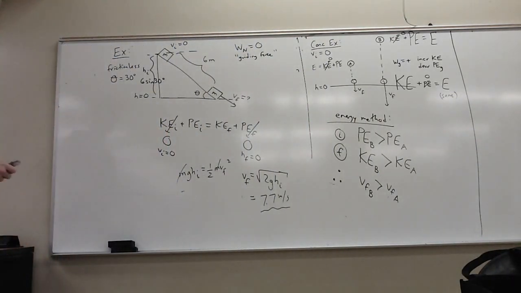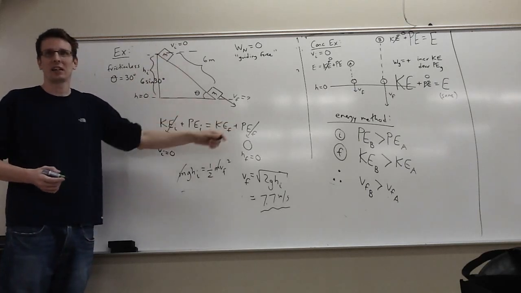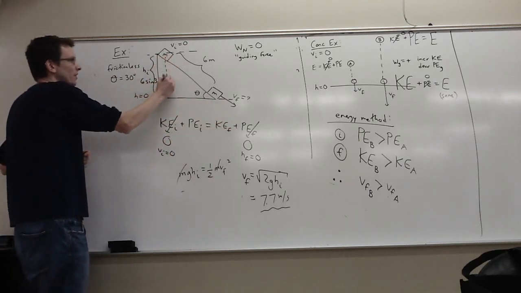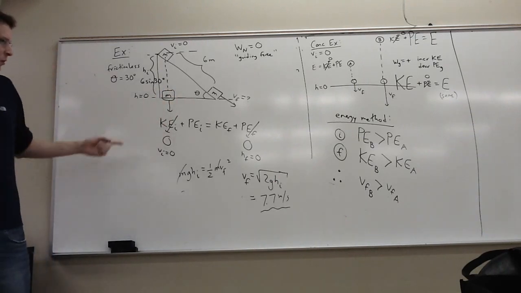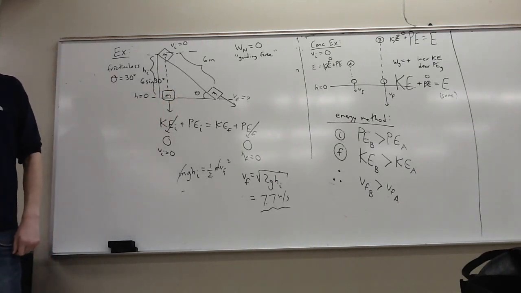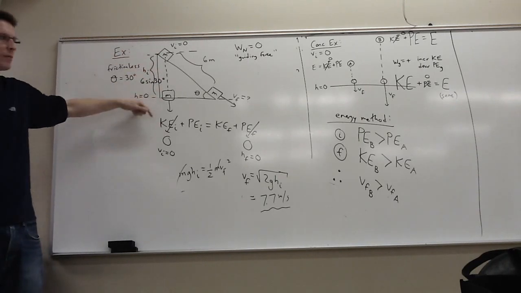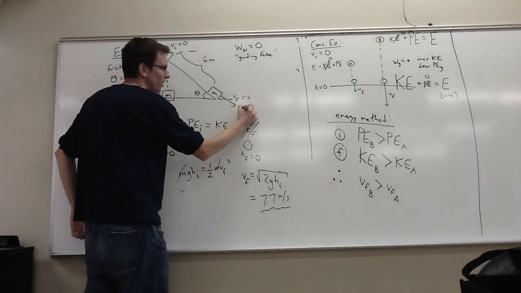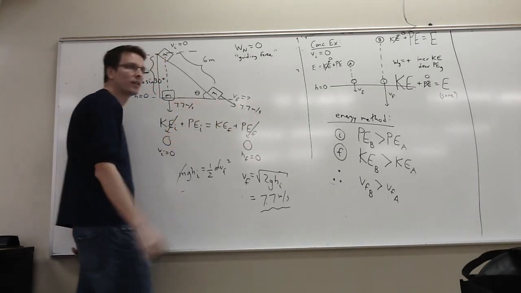In fact, I should mention that there's really no mention of the fact that you went down an incline. If you accidentally dropped this mass off the side, there would be no difference in the calculation, right? You still started at rest, you still ended up at 0 height, you still went through the same height. You would go 7.7 meters per second here, you go 7.7 meters per second here.